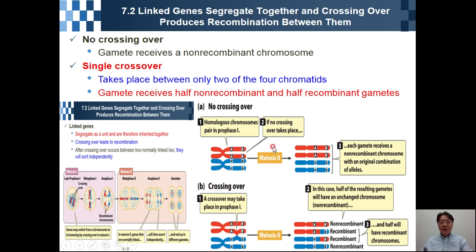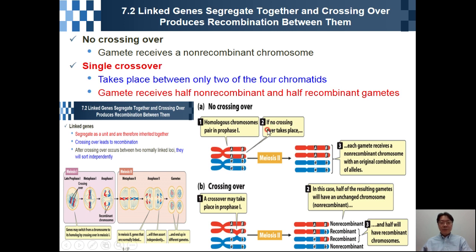Okay. If there is no crossing over, this is the prophase 1 stage, where homologous chromosomes pair to each other. One chromosome has large A, large B, and large A, large B. The other homologous chromosome has small a, small b, small a, small b.